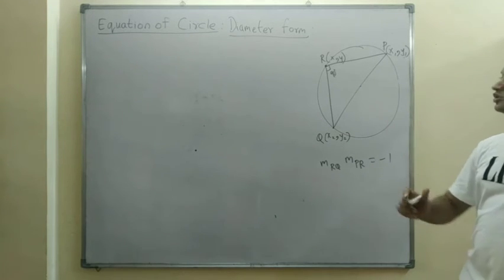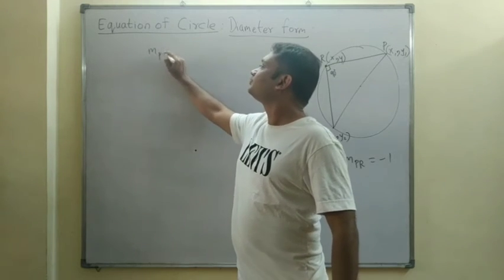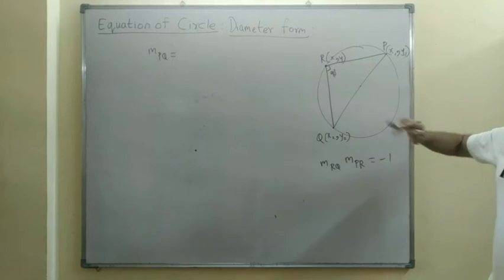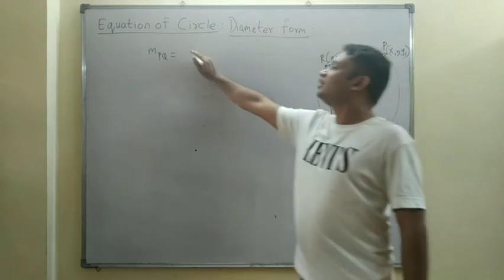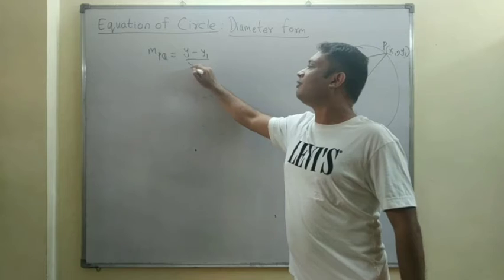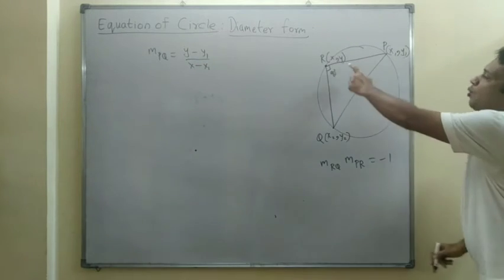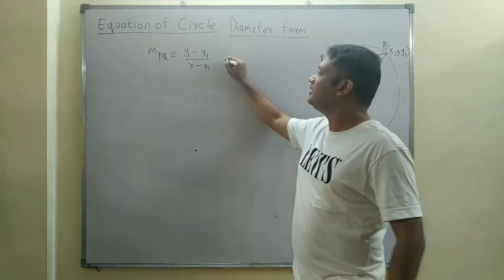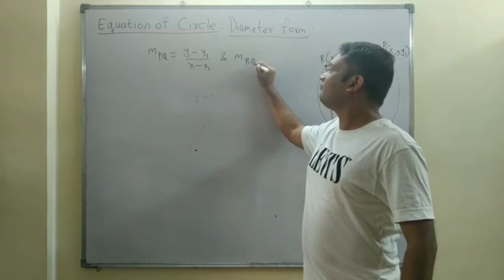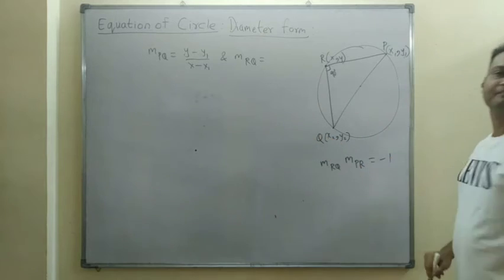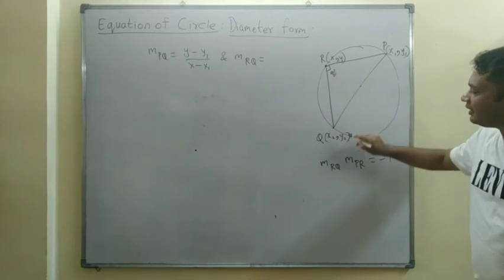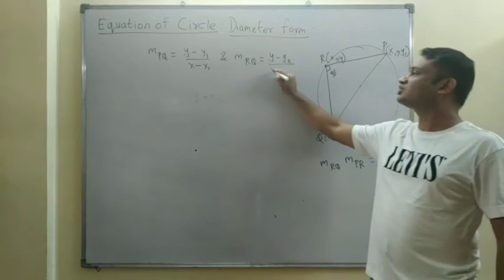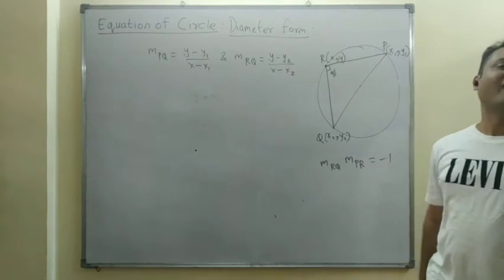Now, what is the slope of PR? It is (y − y1)/(x − x1). And the slope of RQ is (y − y2)/(x − x2).